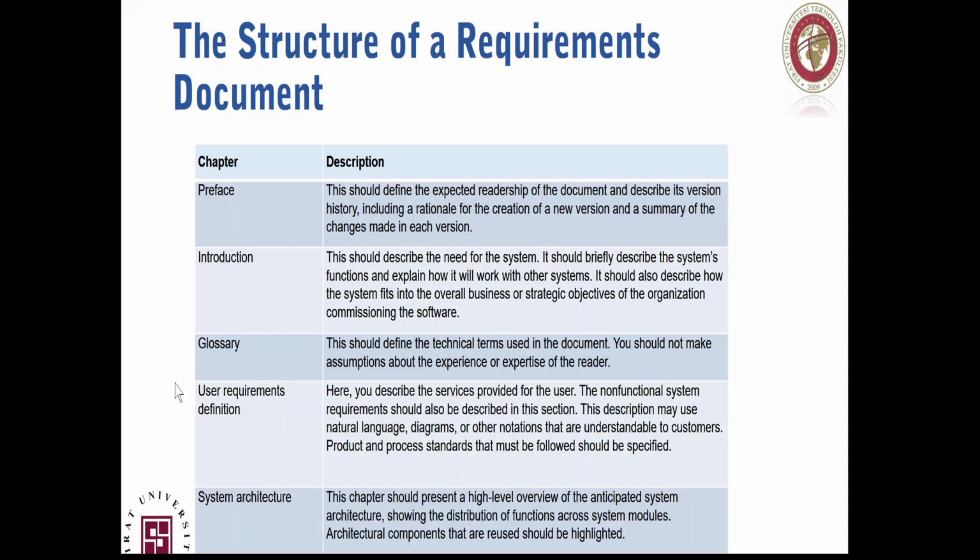System architecture. Once the user requirements have been listed, then we can move to the system. Well, we don't exactly jump to system requirements directly. No, we need to provide the architecture, which is a high-level view of the anticipated system. So we need to present it in both written and graphical form.